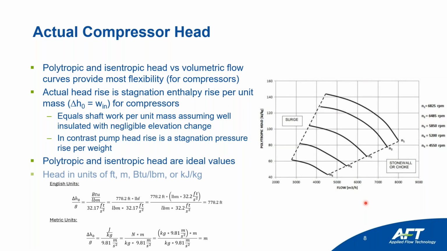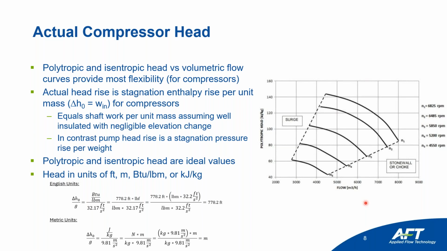So with that, we'll get into what head is for a compressor. These polytropic and isentropic head versus volumetric flow curves are the most flexible curve for compressors, just like the head versus volumetric flow curve is the most flexible curve for pumps.